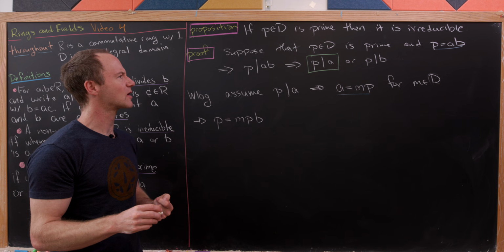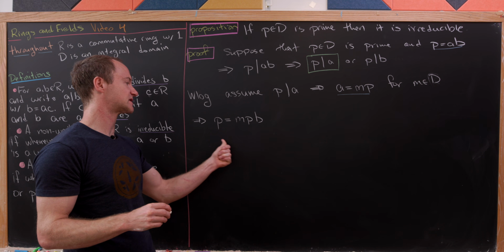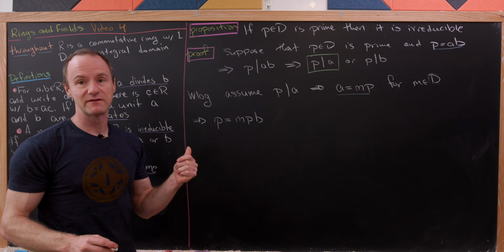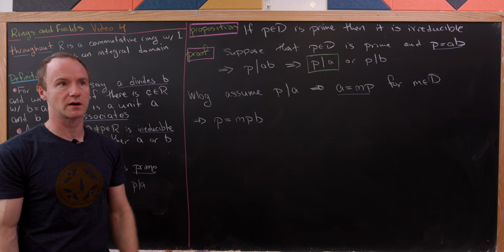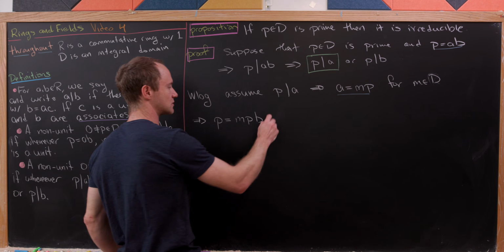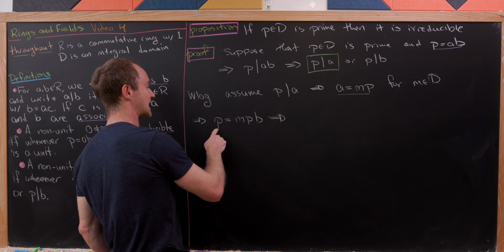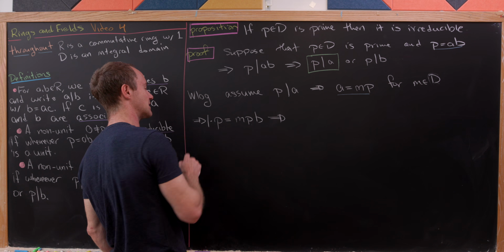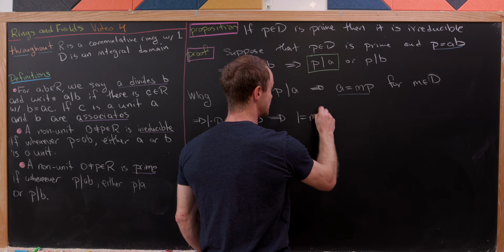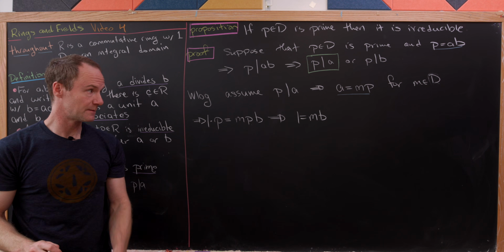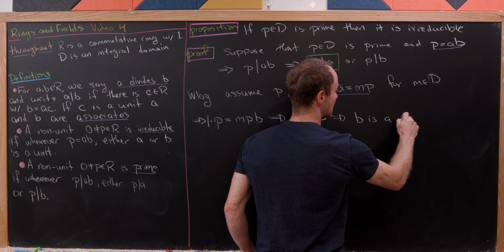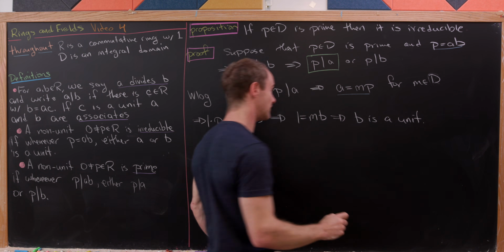We could get there pretty quickly just by subtracting over and then factoring out, and here is where we actually need this to be an integral domain. We proved earlier that we have cancellation within an integral domain. So we can cancel the p, keeping in mind that we can think of the left-hand side as 1 times p. That gives us 1 is equal to m times b. But if 1 is equal to m times b, that means that b is a unit, because we found a multiplicative inverse for b.